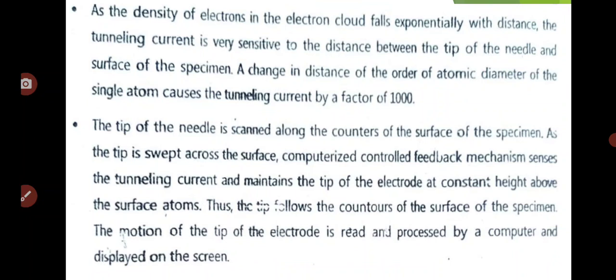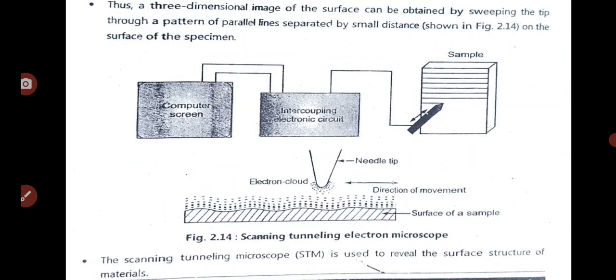As the tip is swept across the surface, a control feedback mechanism senses the tunneling current and maintains the tip of the electrode at constant height above the surface of the atoms, and thus the tip follows the contours of the surface of the specimen. The motion of the tip of the electrode is read and processed by computer and displayed on screen.